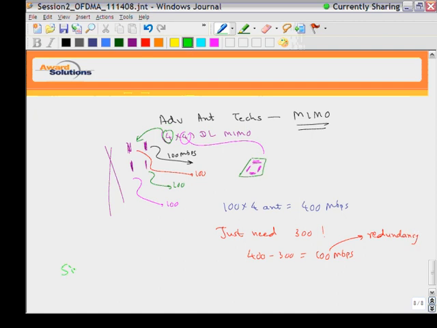So in simple terms, we have 300 megabits per second, and then I will do the coding, meaning add a redundancy, and after I add redundancy, I will get 400 megabits per second. So 300 megabits per second, think of these as raw data.